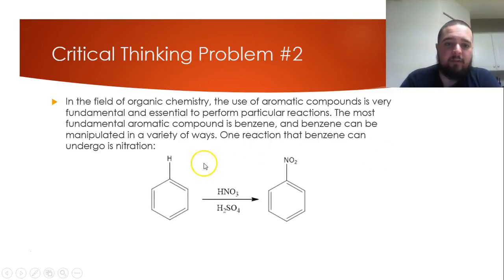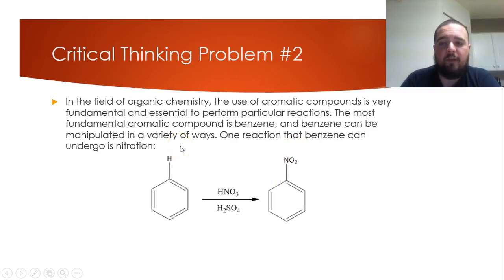So benzene is simply the 6-carbon ring. Now, each carbon has 3 bonds to it, which only allows for 1 hydrogen to be attached to them on the ends. And then you put with this nitric acid and sulfuric acid, and it forms this nitrogen dioxide subgroup on here that replaces the hydrogen.